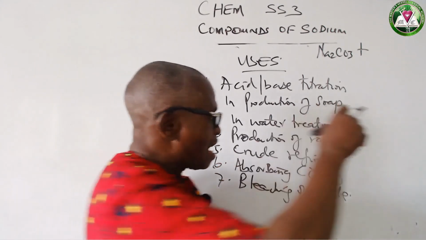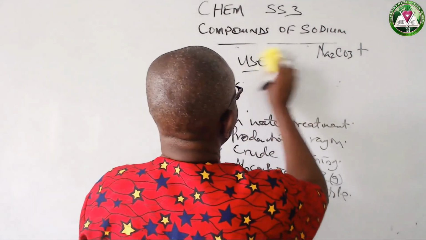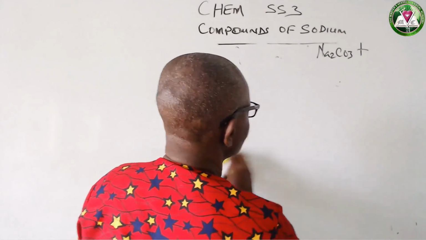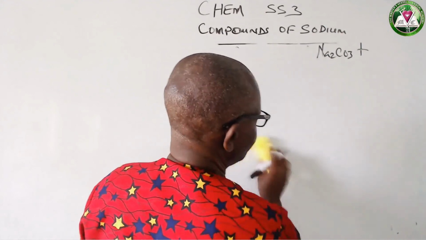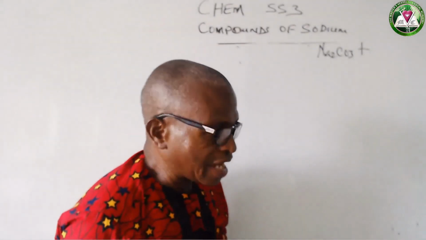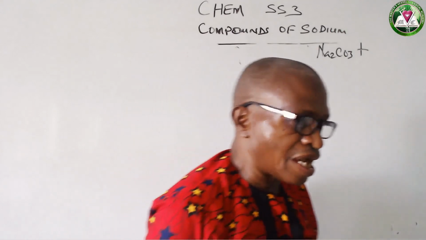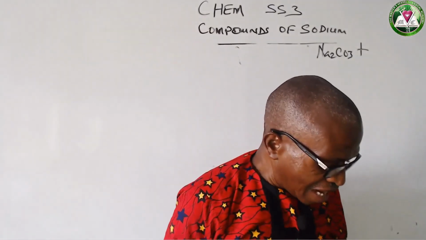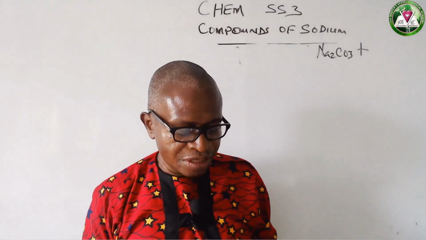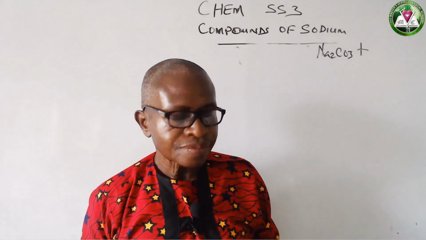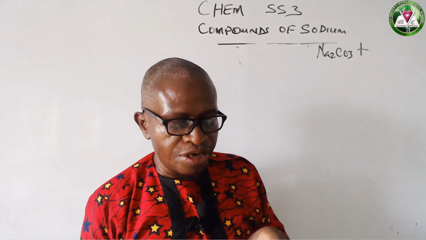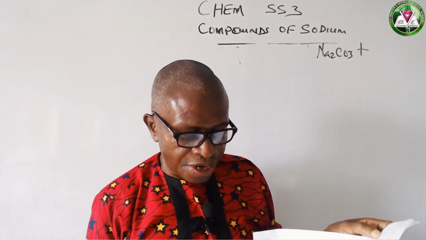Then we looked at the electrolytic process. In the electrolytic process, we said that we can produce sodium hydroxide by using the Kerner-Solvay process and the diaphragm cell. In the Kerner-Solvay process, we discovered that the anode is made up of carbon and the cathode is made up of steel.